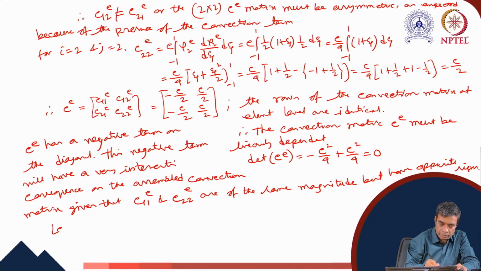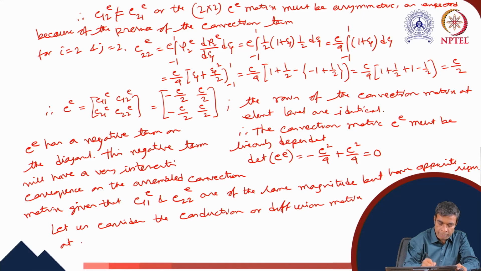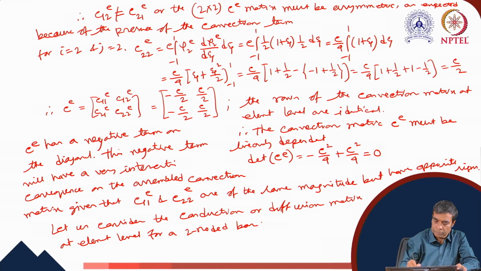So let us consider the conduction or diffusion matrix at element level for a two-noded bar element.